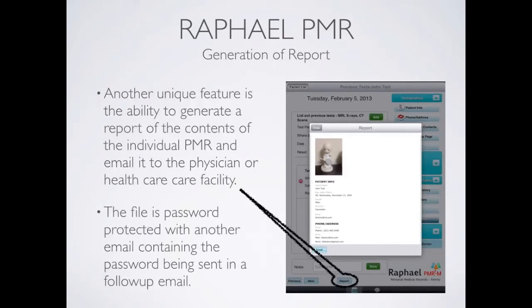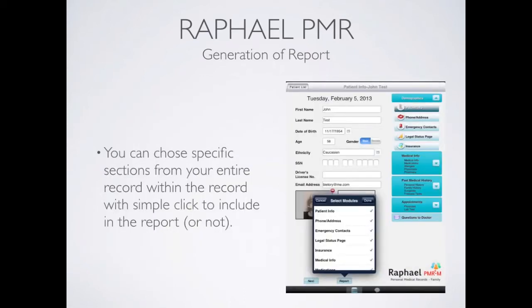Another feature on many of the pages that we've looked at is a button at the bottom that allows us to generate a report. The report's very similar to what we had before with medications, in which it's PDF generated and password protected. But you'll notice that when you click the report button in this window, the pop-up gives us a checkoff list.